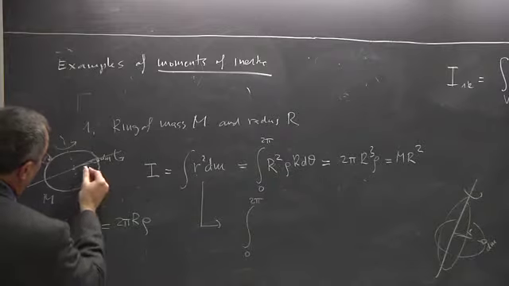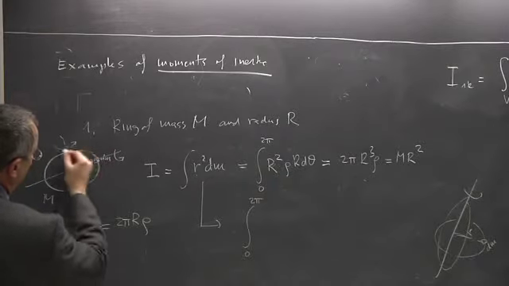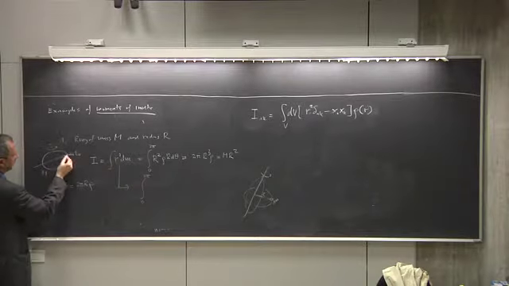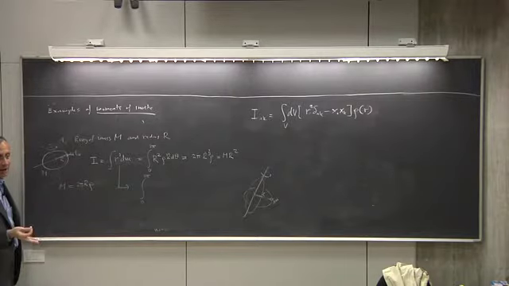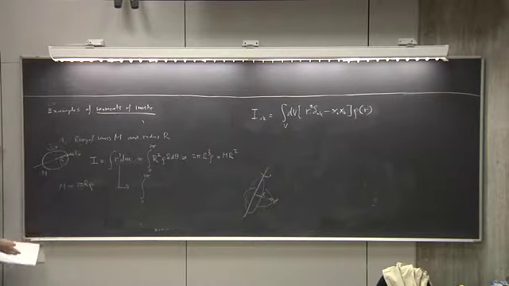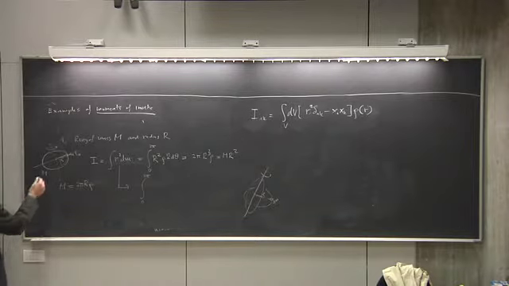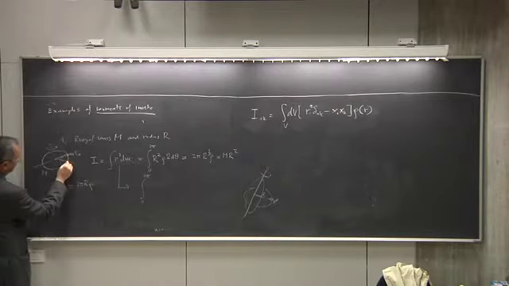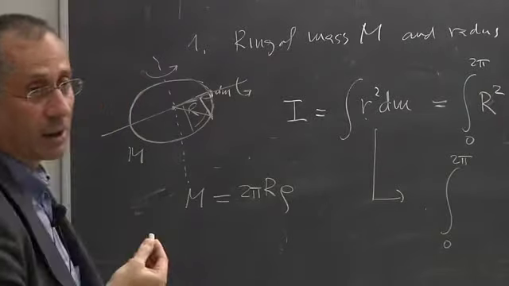Before it was simple because you were rotating about the center, so this distance was big R. Now it's a little more complicated because you see the distance is this one here. It's the component in that direction. So you see, when you are up here, this distance is not R any longer.